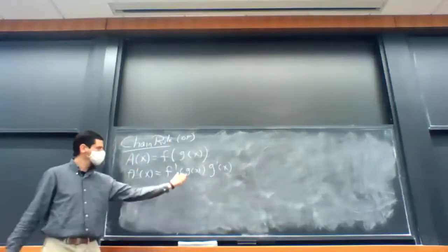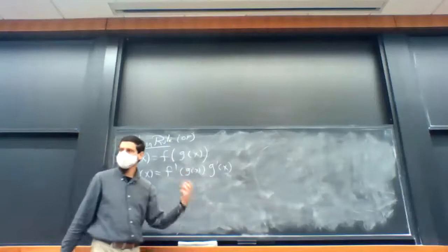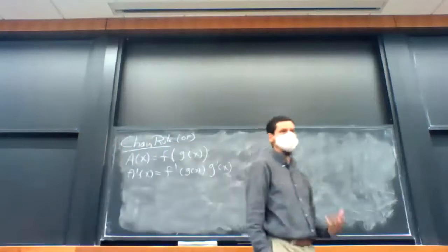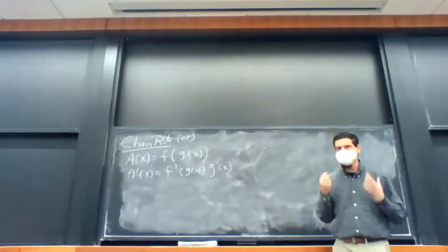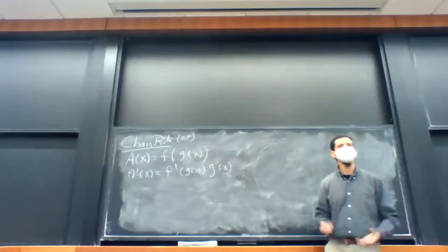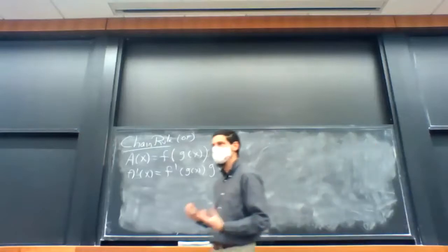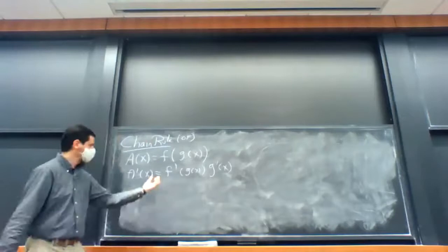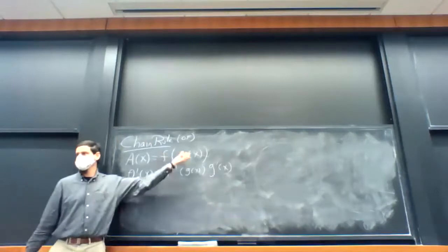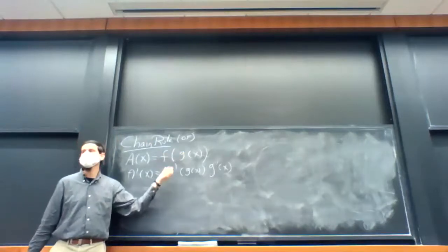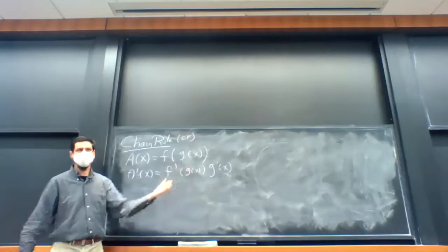The most common mistake is people forget to evaluate f prime at g of x. And that's a mistake that you should not be making, because there is no other place you can evaluate f prime, because we start off by evaluating f at g of x. So when we calculate its derivative, that should be at g of x too.